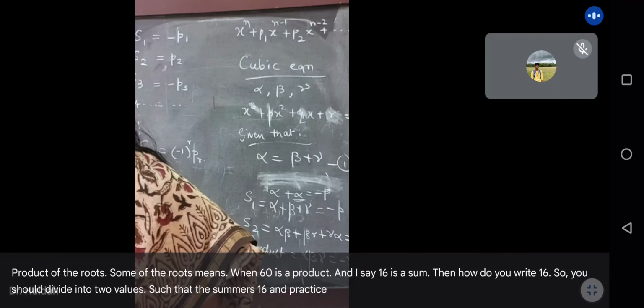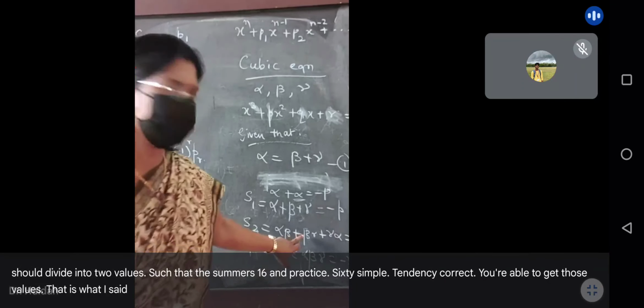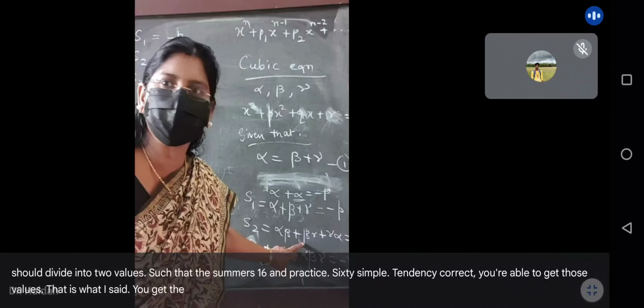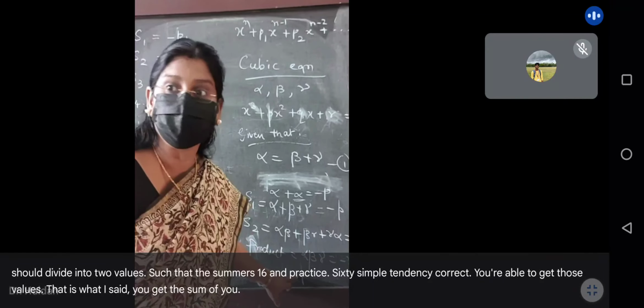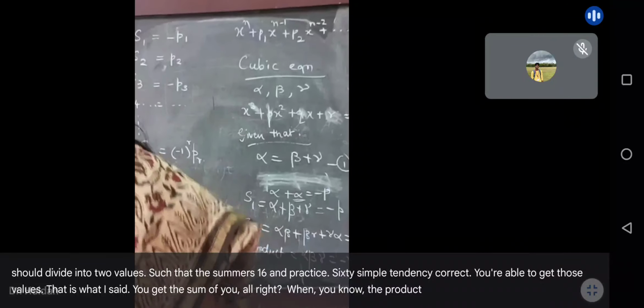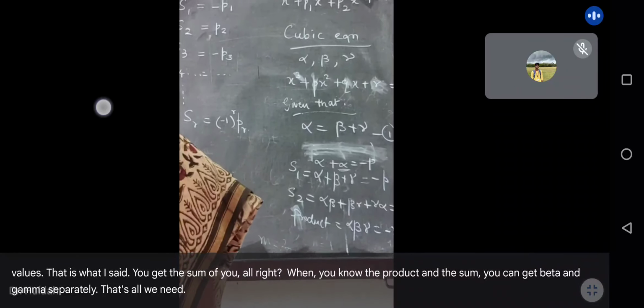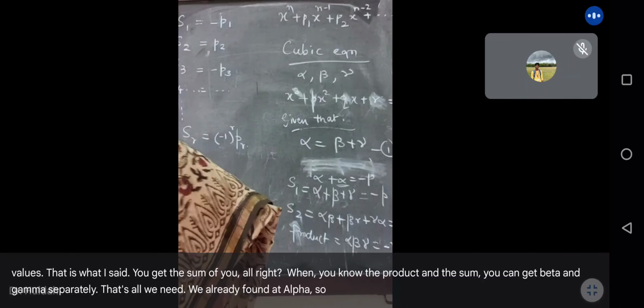Simple, 10 and 6. Correct? You are able to get those values. That is what I said. You get the sum of 2 values, beta plus gamma, here. Here you get beta into gamma. All right. So when you know the product and the sum, we can get beta and gamma separately. That's all we need. We already found out alpha. So alpha, beta, gamma. That is it.